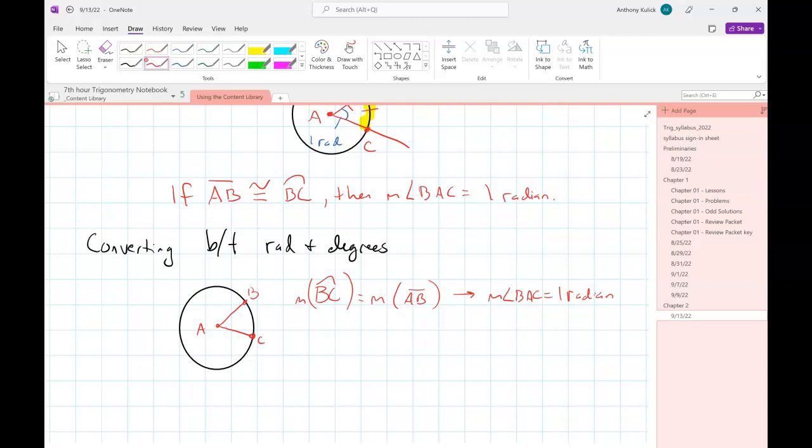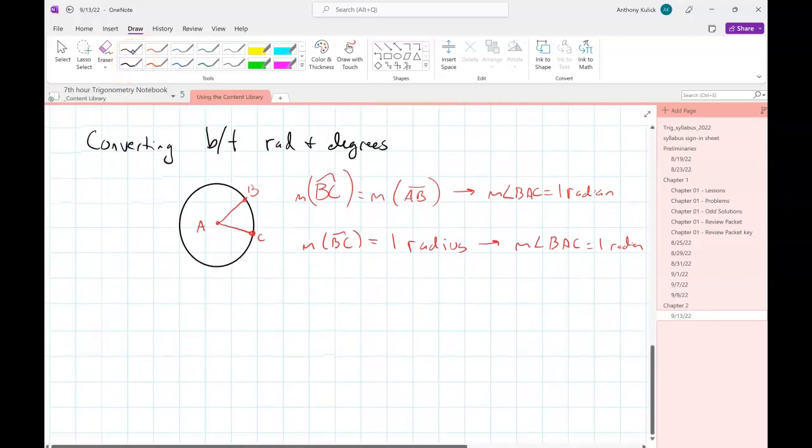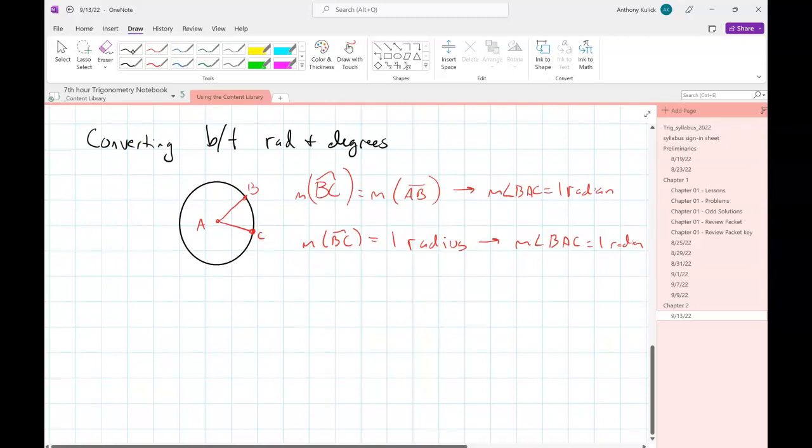So we're saying that if the measure of arc BC is equal to 1 radius, then that angle measure should be 1 radian. That's going to be kind of our conversion idea, that an arc length of 1 radius is equal to 1 radian.